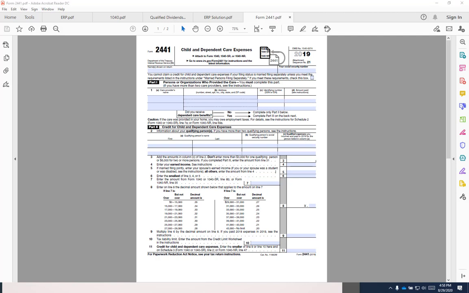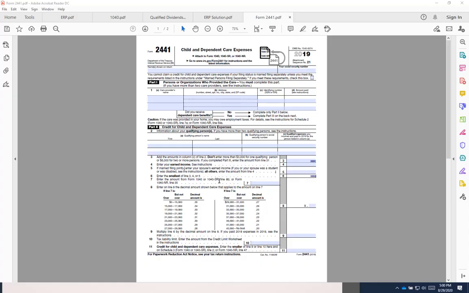Populate here. Whatever is the qualified expenses, it's subject to a limit of $3,000 per qualifying person, or $6,000 for 2 or more. So here we would input $3,000 if it's 1, and then enter the earned income in line 4. If married filing jointly, it's subject to a limitation of the spouse's income.